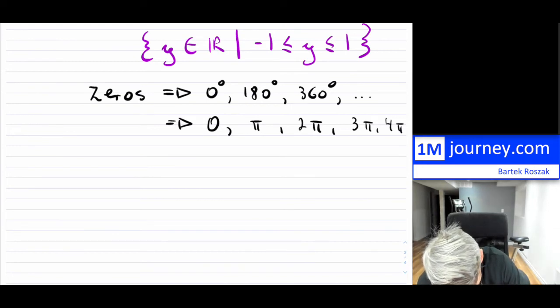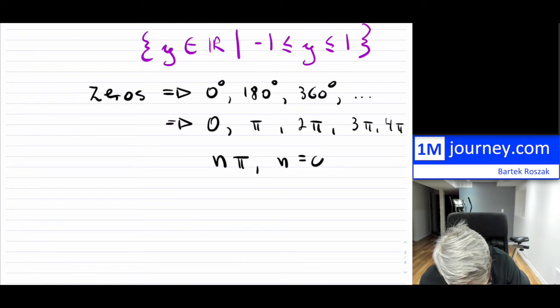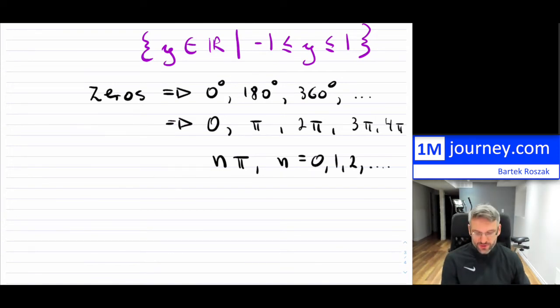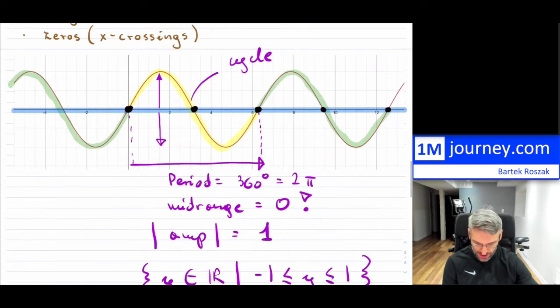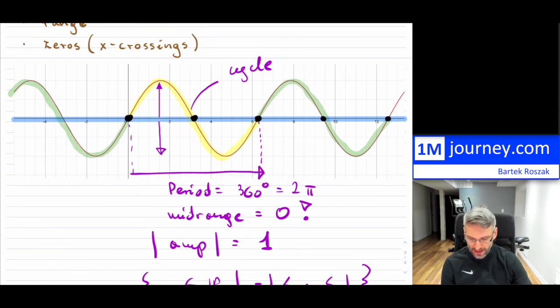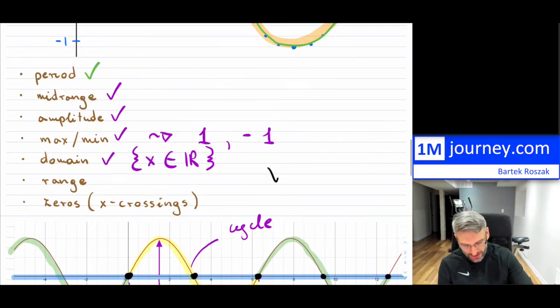Sometimes we write it as n pi for n equals 0, 1, 2, and so on. So that's when your zeros happen, your crossings. So that's when sine is equal to 0. So that actually answers all of these for this kind of periodic function.